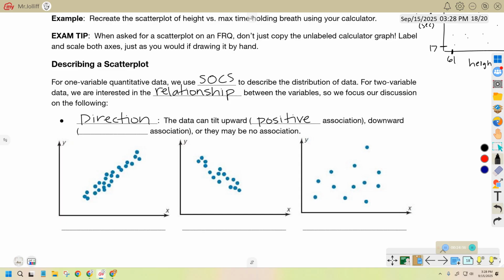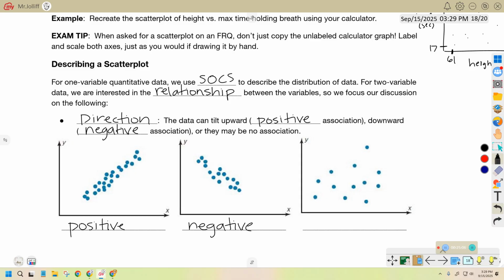If the graph tilts downward, we would say it has a negative association. I can see the first 2 graphs. The first one is a positive association. The second one is a negative association. Notice that those descriptors match the slope of the graph, the average rate of change. Yeah.